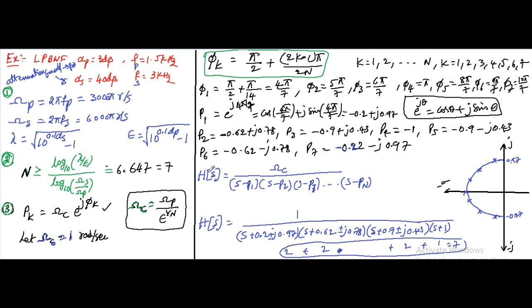Different methods are there, and the most widely used methods are the impulse invariant method and bilinear transformation method. In this video, I have just explained how to define the analog transfer function from the given specifications. And in the next videos, I will explain the complete design of the digital filter using the Butterworth impulse invariance method and Butterworth bilinear transformation method.